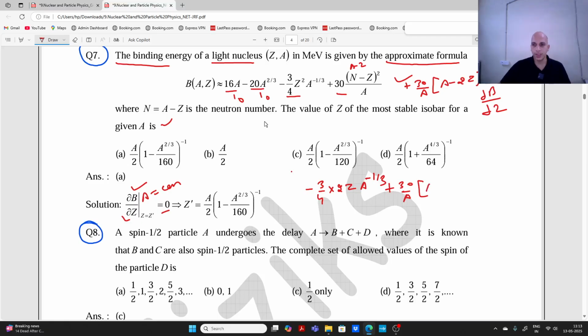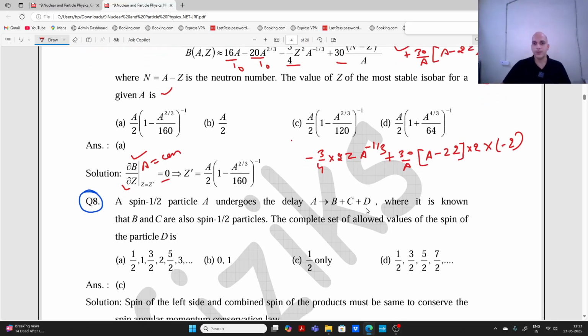So it will become (A minus 2Z) into 2, because differentiation will give 2 into this one, into the differentiation of this, which is minus 2. So now we can simplify it further. When I simplify it, you will get minus 3/2 Z A power minus 1 by 3 plus 30 into 2, 60.